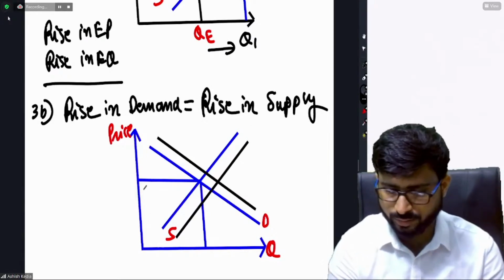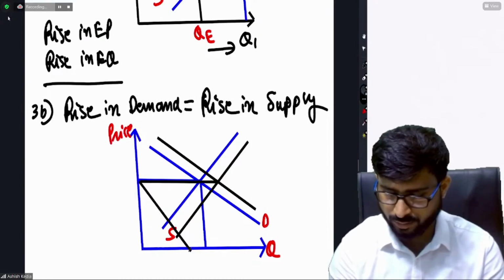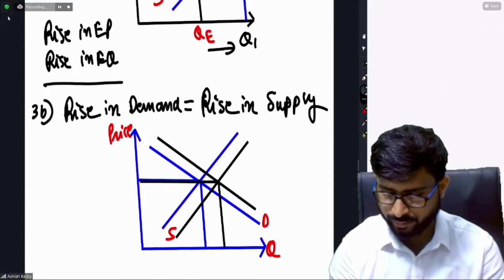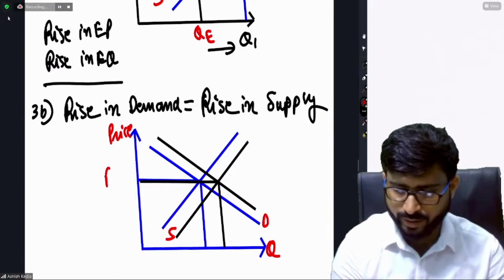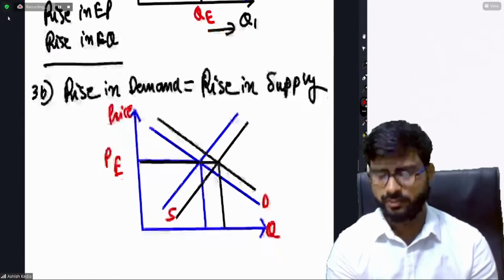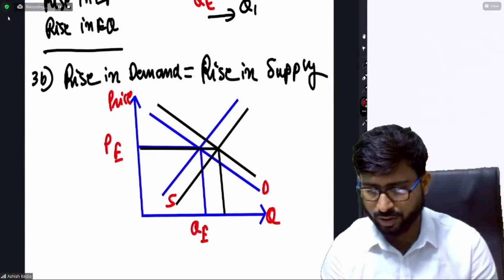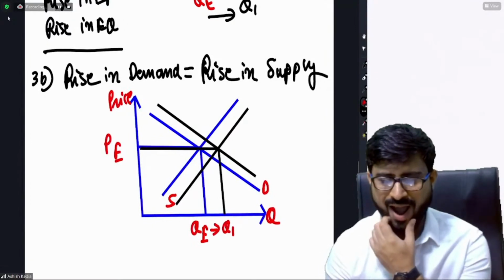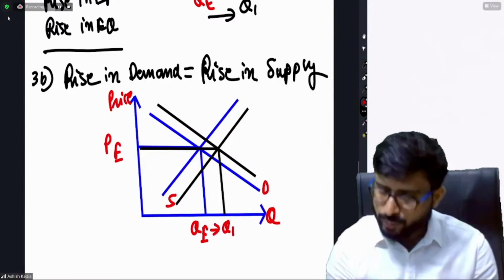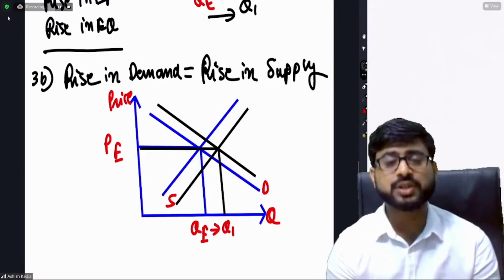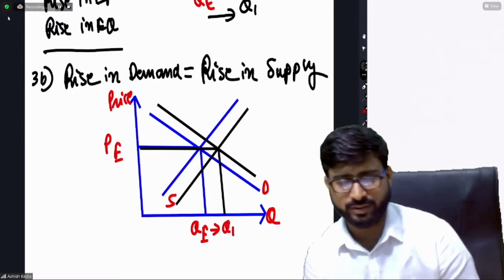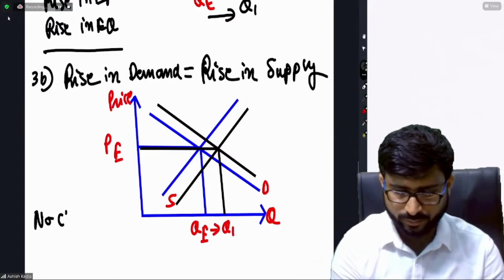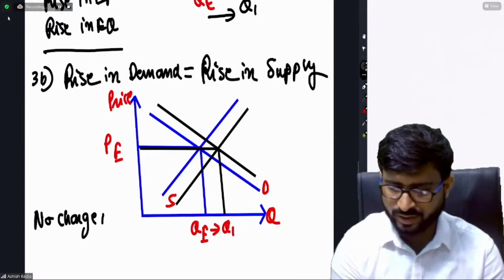So if you see, equilibrium price remains at that point. This is the equilibrium quantity originally. This is the new equilibrium quantity. So see, this is the first time there is no change in equilibrium price. Same level.